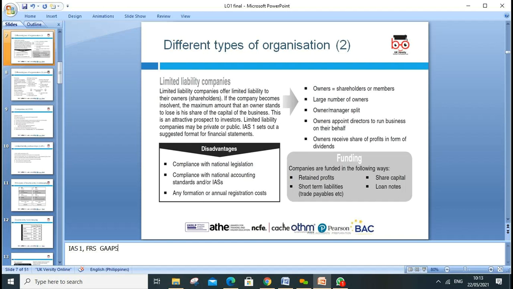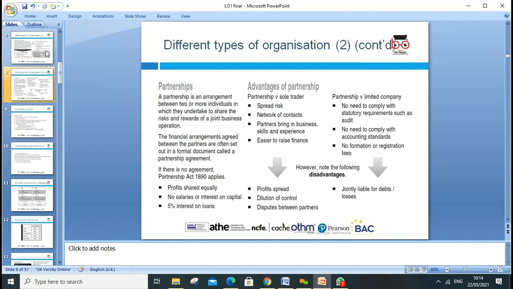We can follow GAAP, Generally Accepted Accounting Principles. It depends which one you want to follow or where your company is registered. We have to decide. There are only slight layout differences, and overall they're quite similar.